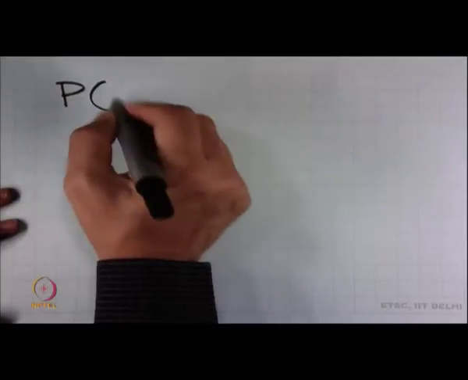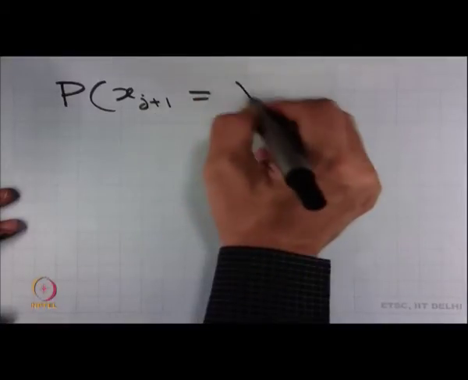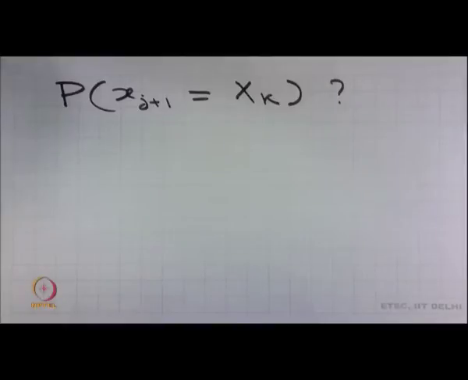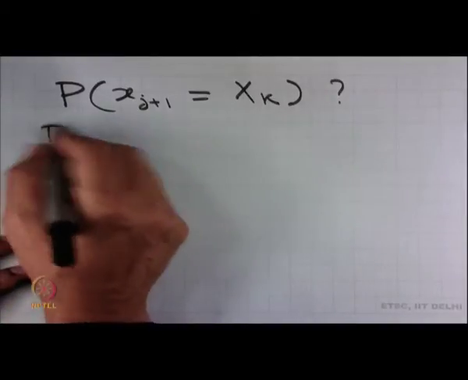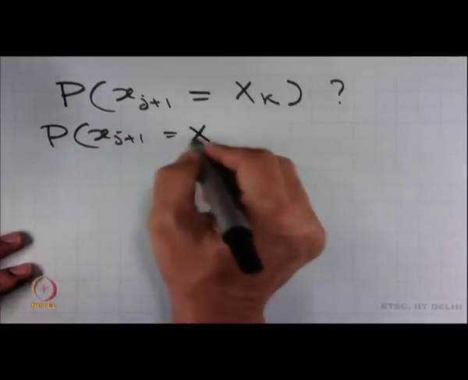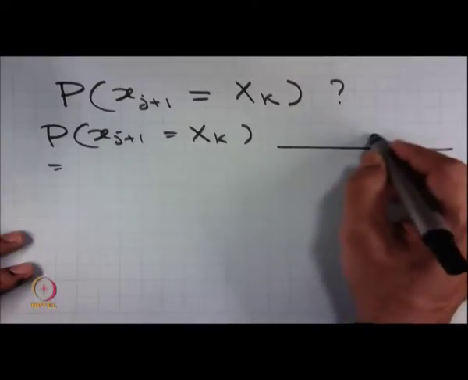What is the probability that the j plus 1th selection is equal to the kth member of the population? So, this we can calculate in the following way. Probability x j plus 1 is equal to x k is equal to, consider the following.